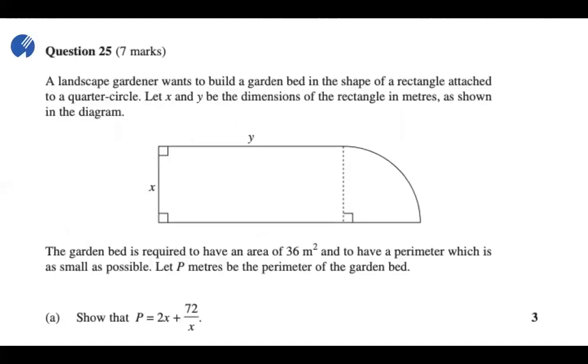Question 25. This was a 7-mark question, and different parts were done to different degrees of ability. More people got marks in part B than they did in part A. Part A was a 3-marker, and it was a show that question.